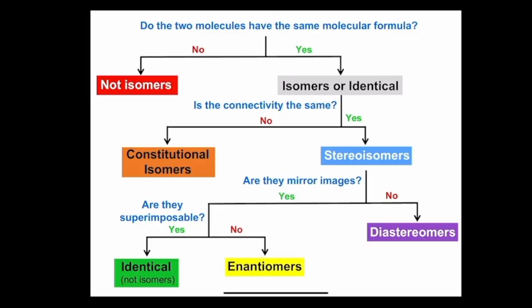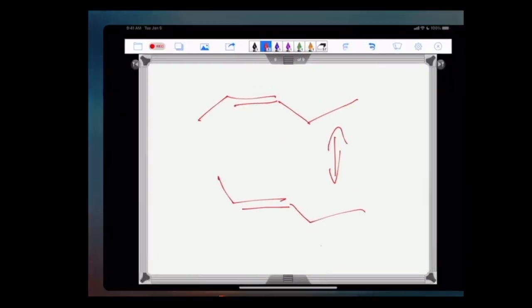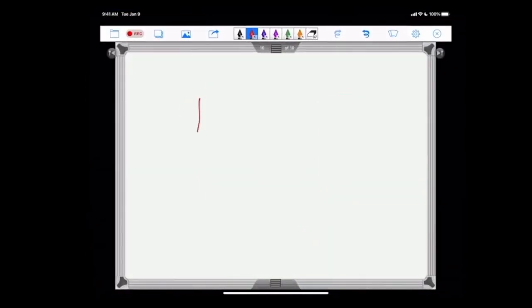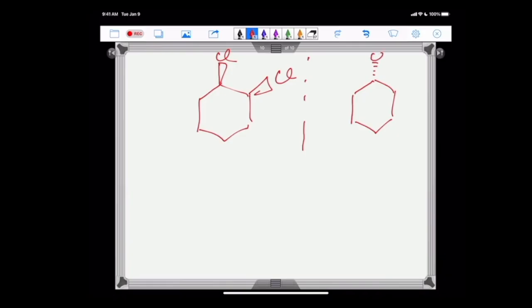If not, they're enantiomers. What I mean by this last category, the one that catches a lot of people, is this one. I have this guy, chlorine, chlorine, and I'm asking, what does he look like? What's his mirror image? One way to do this, remember, if I line up everything, the mirror image could look like this.